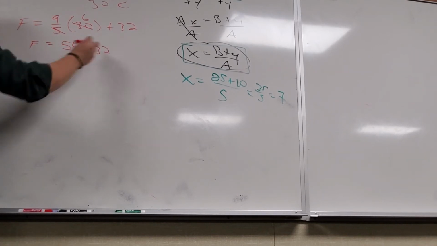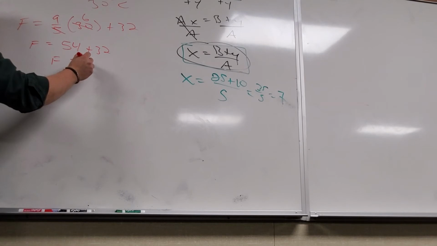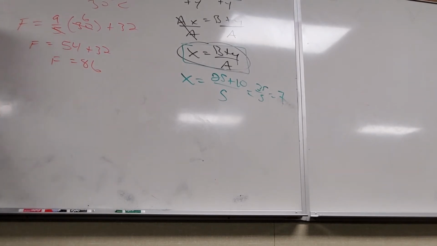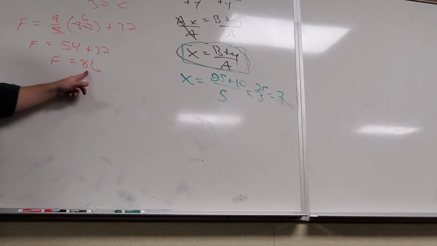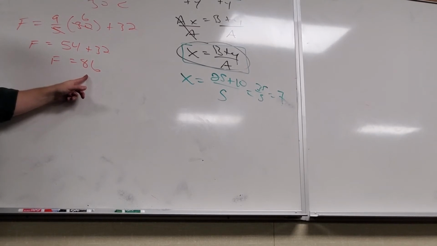Plus 32 is 86. Right? Which is like what this room is now. So a 30-degree day in Canada is 86 degrees here. You guys with me? I like it, right?